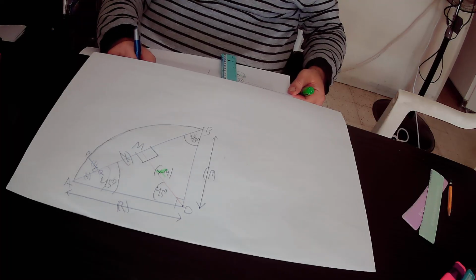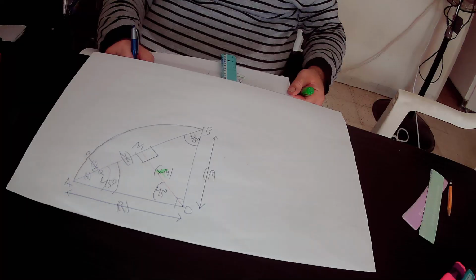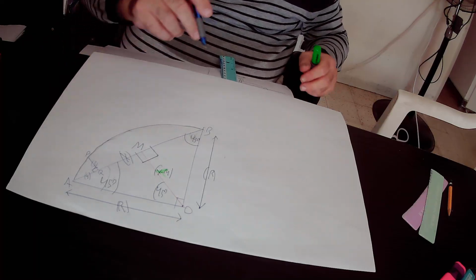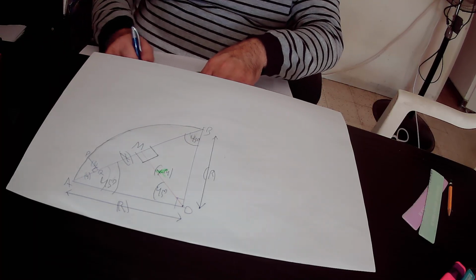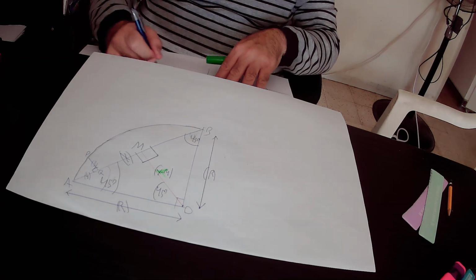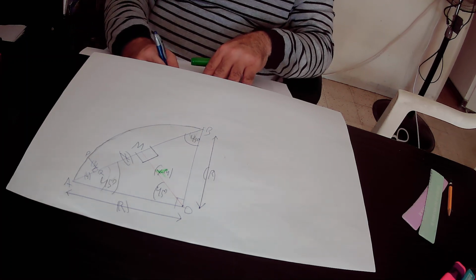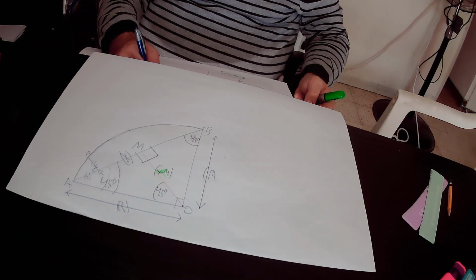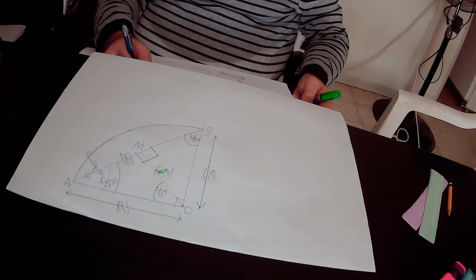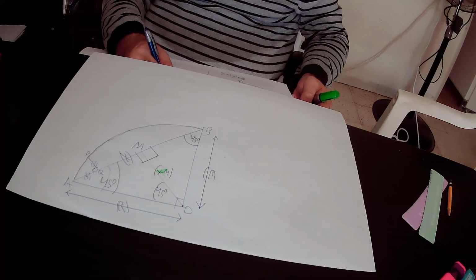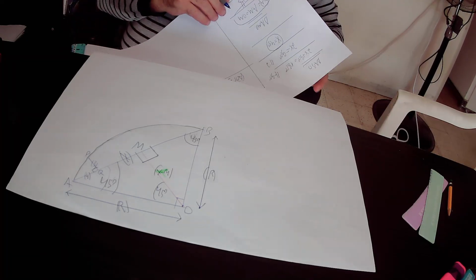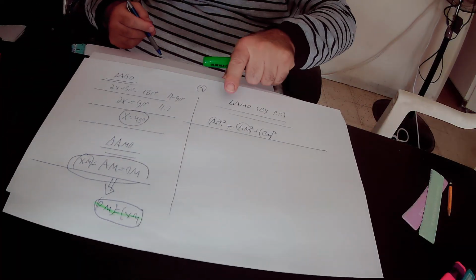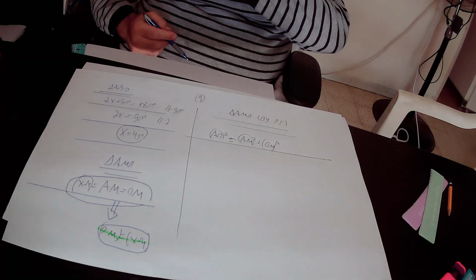In this right triangle AMO, according to the Pythagorean theorem, AO squared, that is the square of the hypotenuse, equals AM squared plus MO squared.